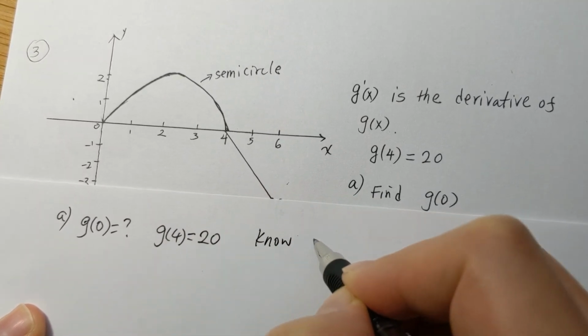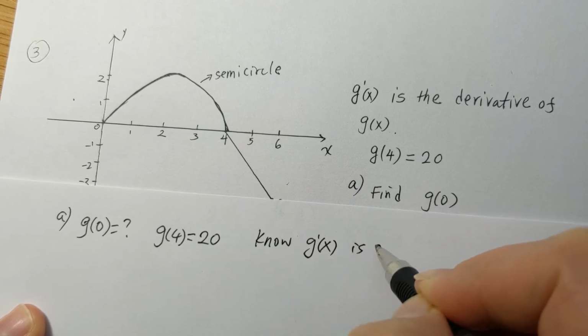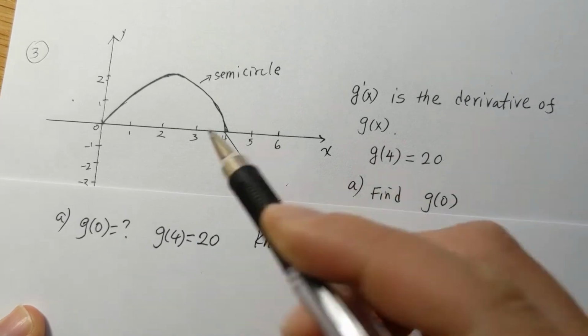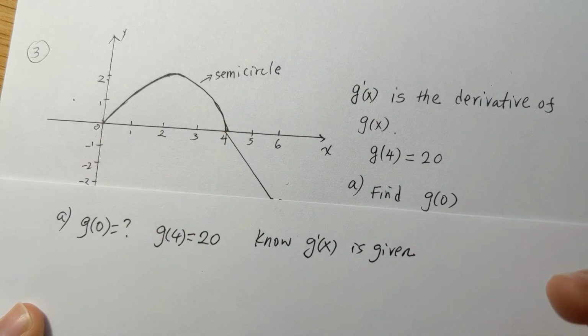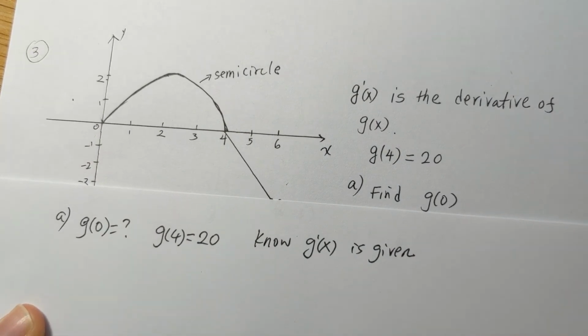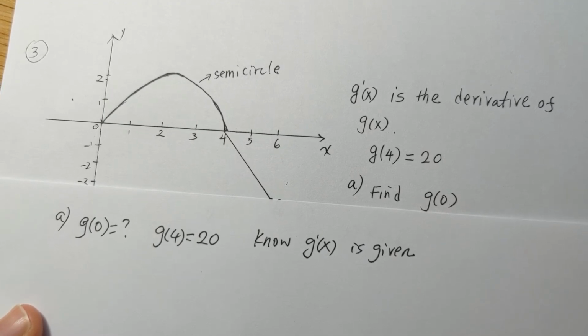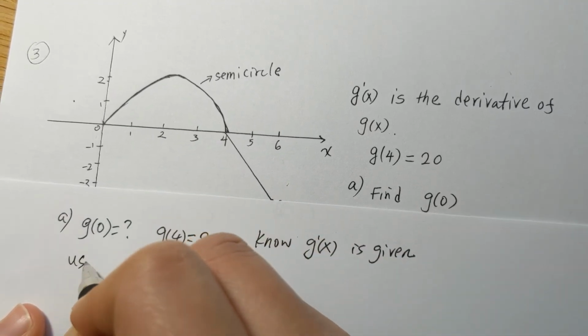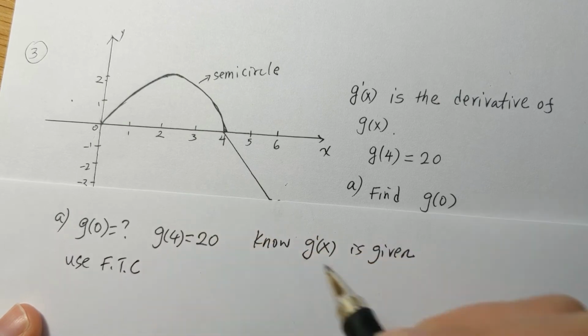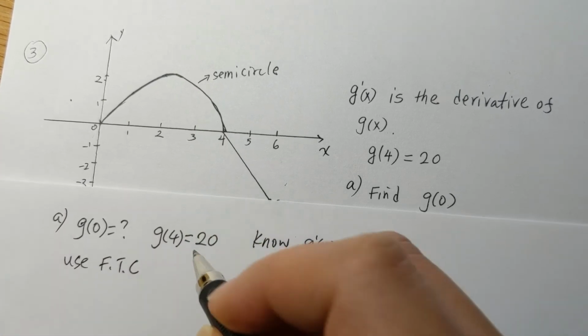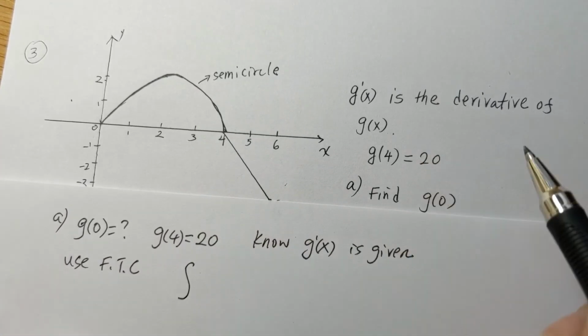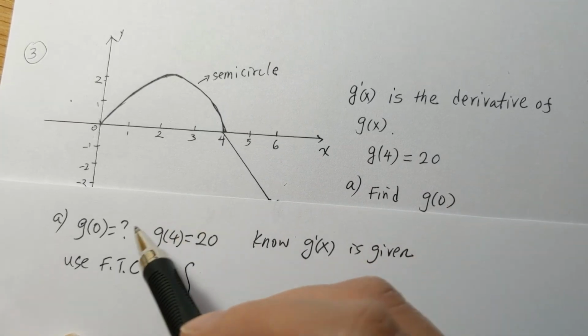We know g prime of x is given. Let's take a look at this. This is a semicircle. We're definitely not going to try to find the equation of the semicircle. We're going to use FTC and then use area. So this time we're going to skip a little step.